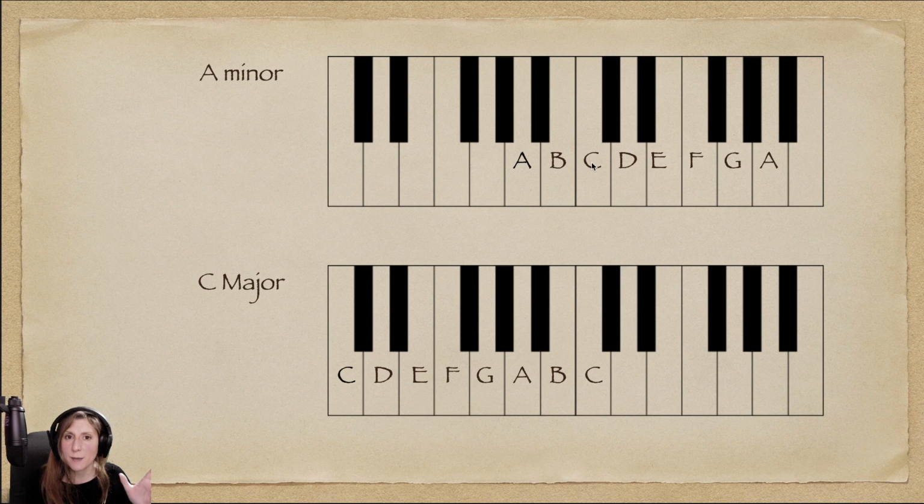So what's a step or a tone? Okay, let's check that. Between A and B, I have a black note in the middle. The distance between A and B is called a step or a tone because I have a black key in the middle. The distance between B and C is called half tone or half step because I have nothing in the middle.